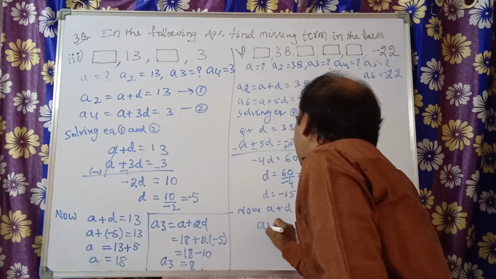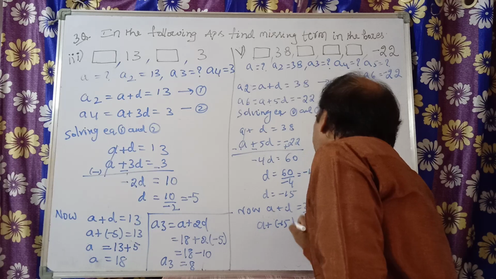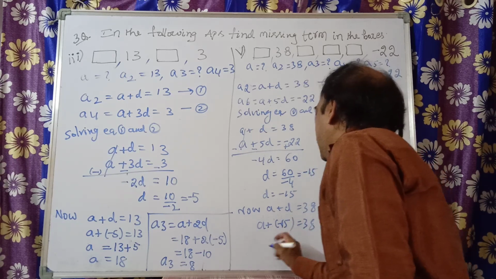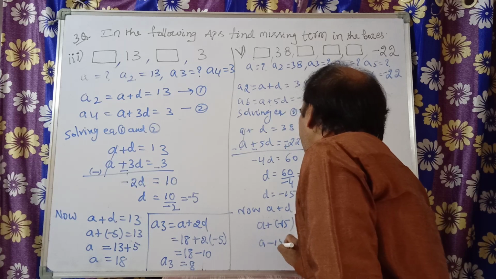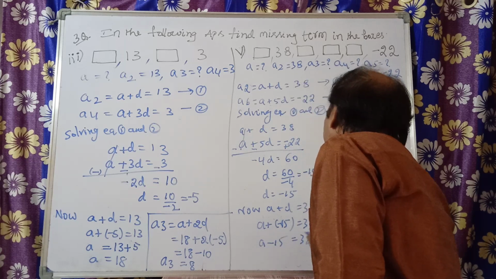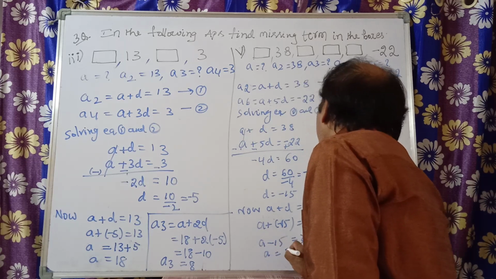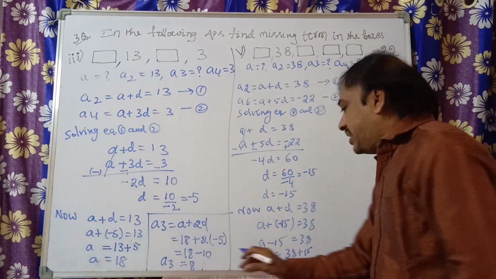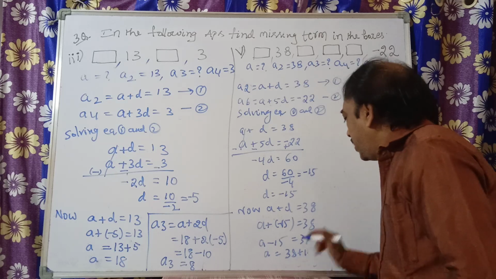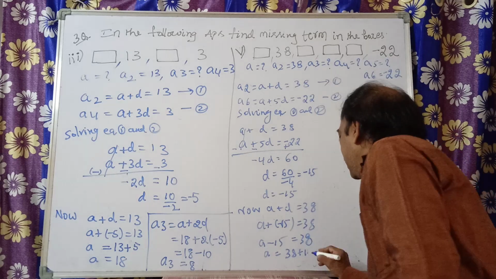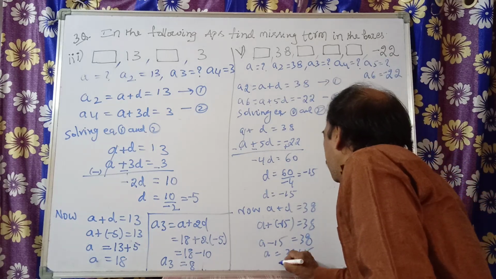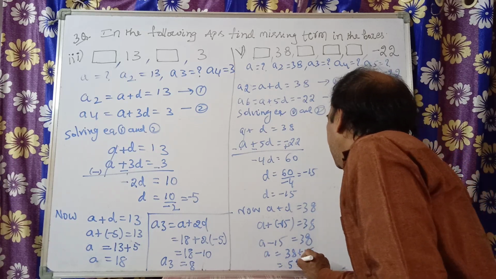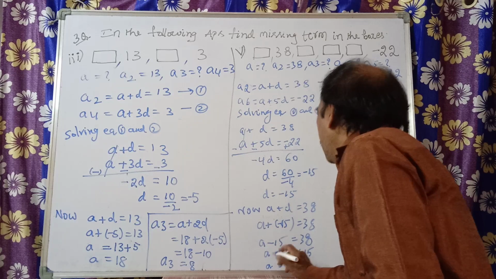So a plus minus 15 is equal to 38. Then plus into minus is minus. a minus 15 is equal to 38. Then a is equal to 38 plus 15, which will be 53. a is equal to 53.